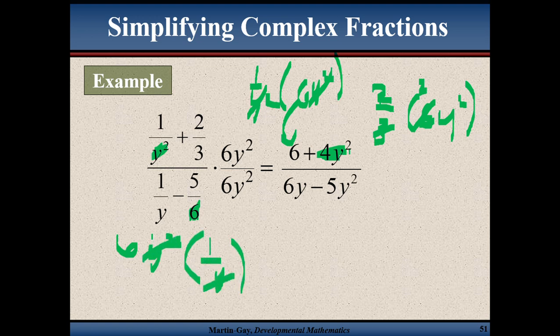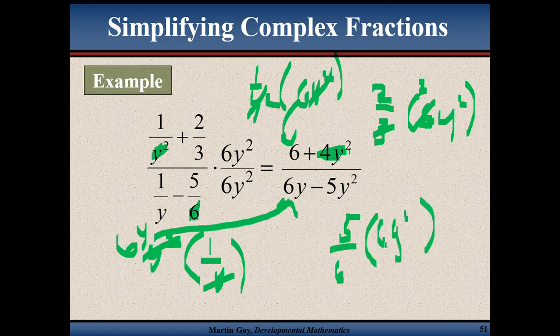Cancel yung y, natira y. Kaya naging 6y yun. Di ba? Then, 5 over 6 naman multiplied by 6y squared. Cancel ang 6, natira 5y squared. Kaya ito yun, hindi mo na siya masisimplify. So, this will be your final answer.